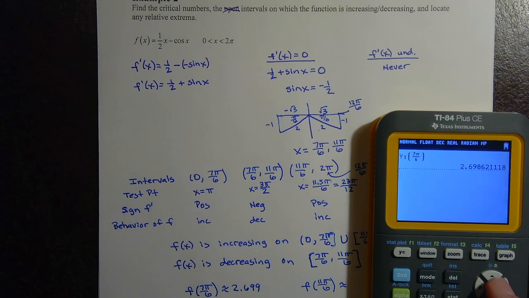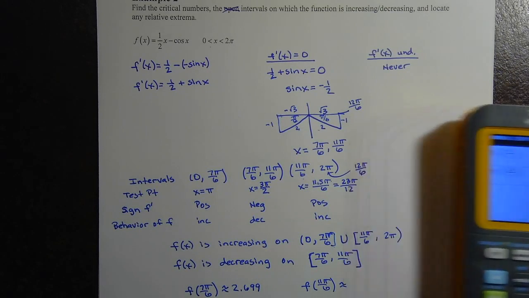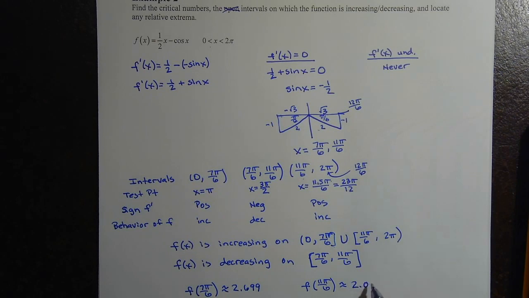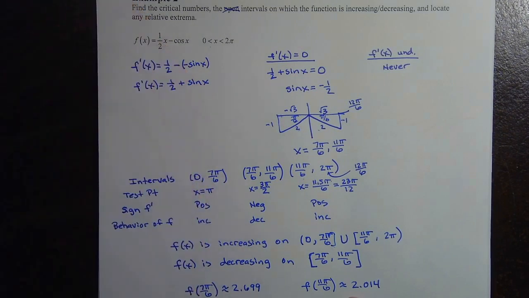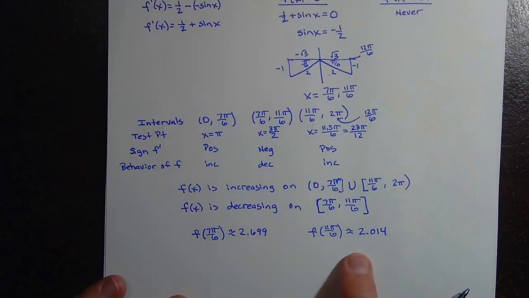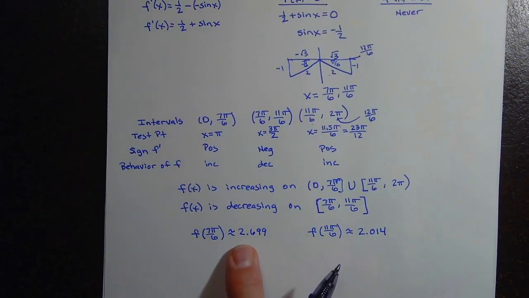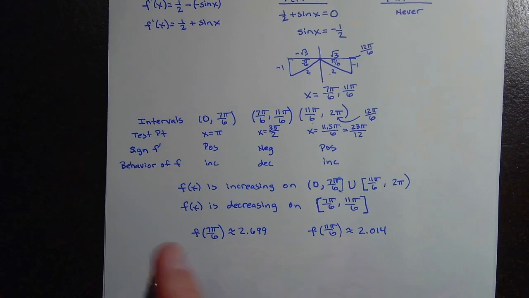Then we do the same thing, but put in 11 pi over 6, and you get 2.014. So this one is a relative maximum, and this one is a relative minimum.